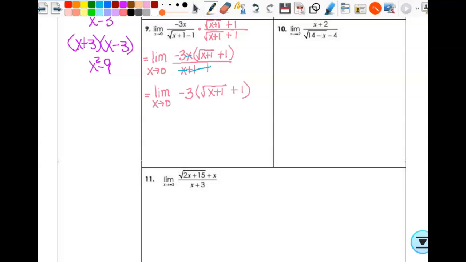Then I can evaluate. Give me negative 3 times, so 0 plus 1 is 1, square root of 1 is 1, plus 1 is 2, so my answer is just negative 6. Any questions? All right, on number 10, you write your conjugate down and get to this first step on your own.